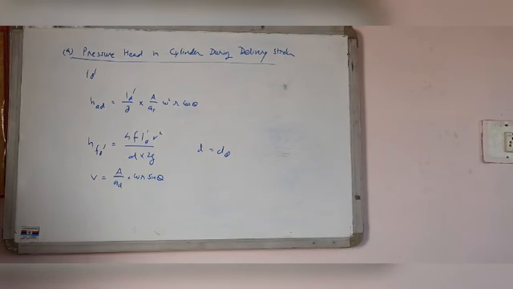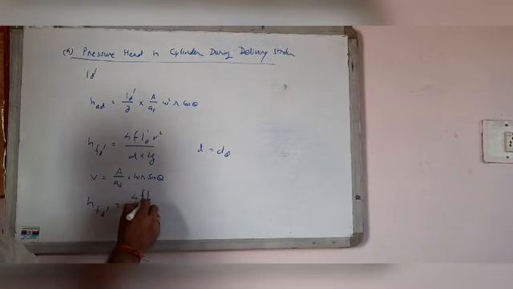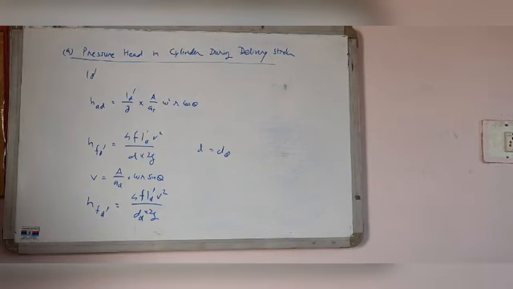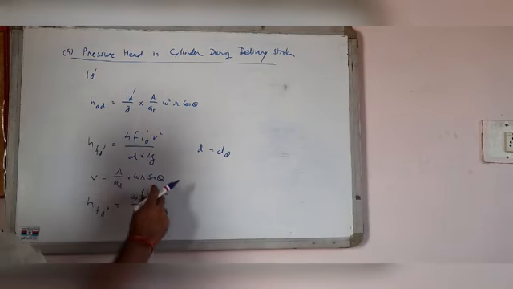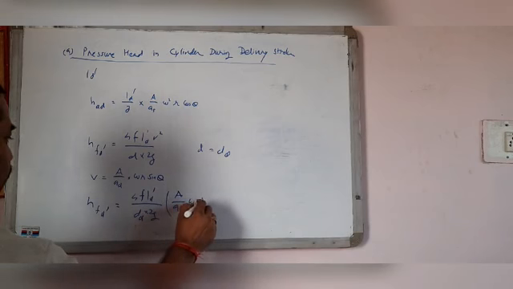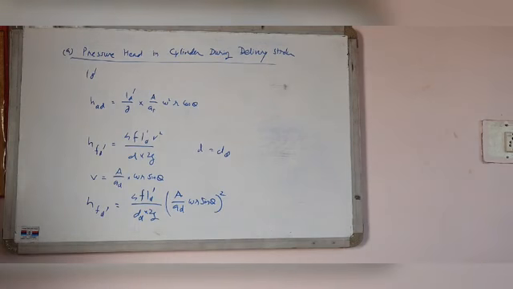So HFD dash equal to 4 f LD dash V square by DD into 2g, and we substitute the value of V here: A by AD omega r sin theta, whole square.